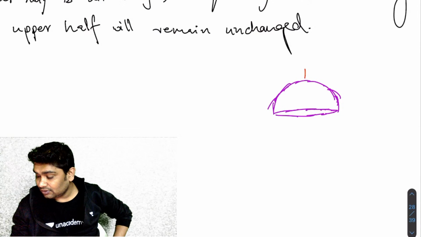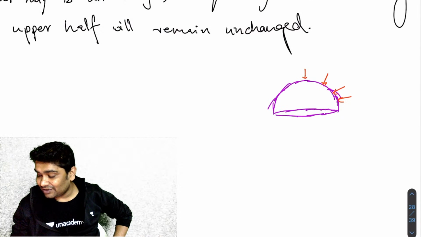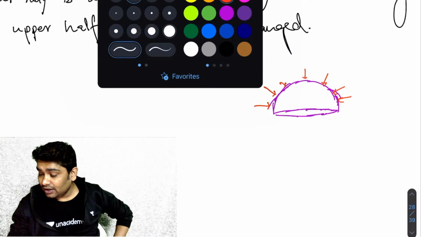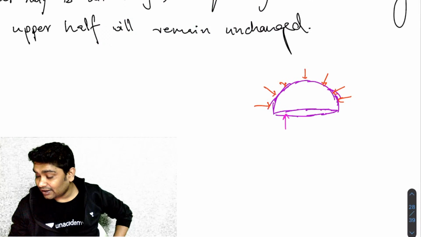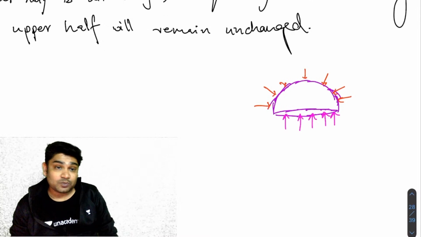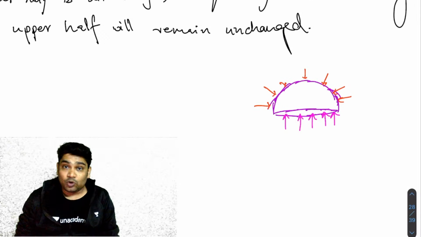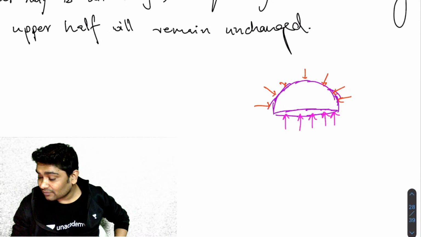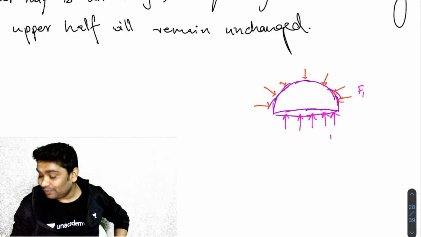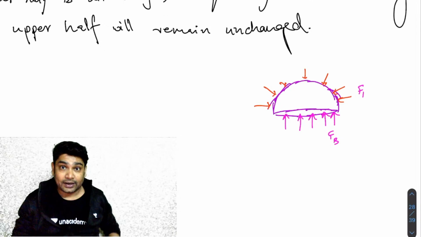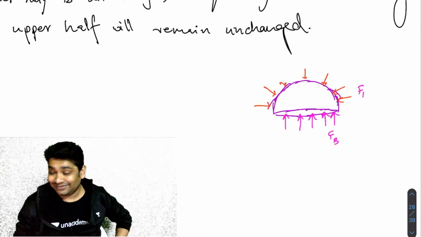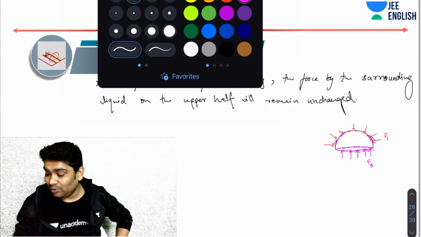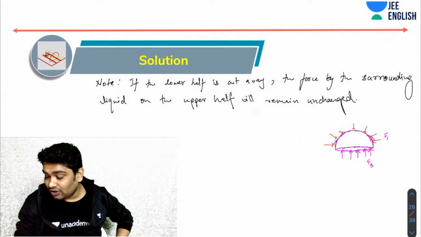One here on this hemispherical surface, and again the second one is here on the circular surface, correct? The net buoyant force must be a result of the force on the liquid. Let's call this F1, and let's call this F on base.